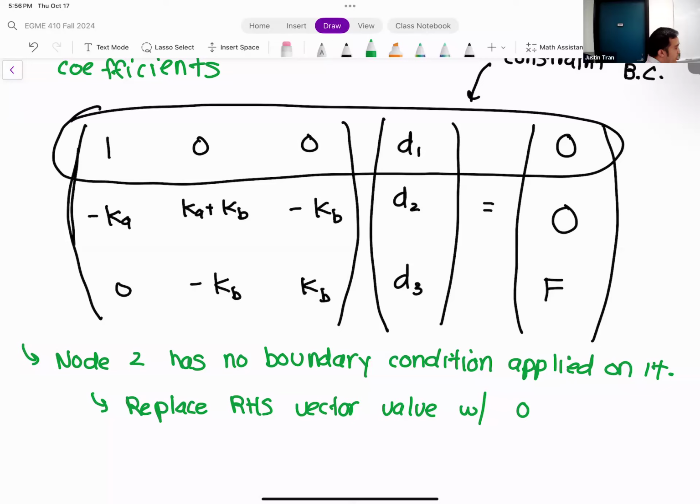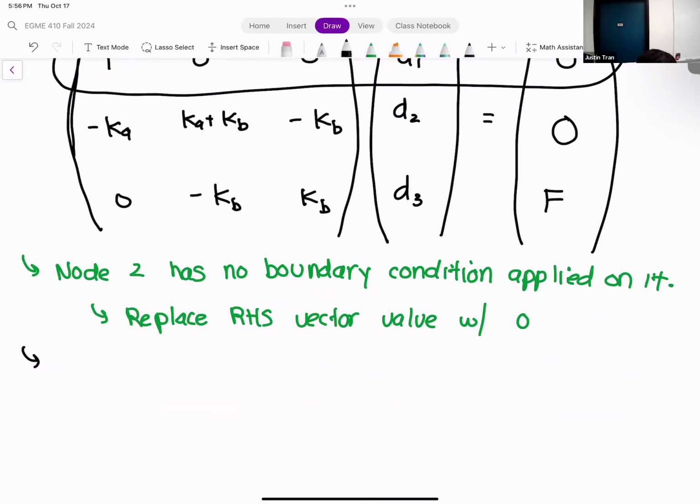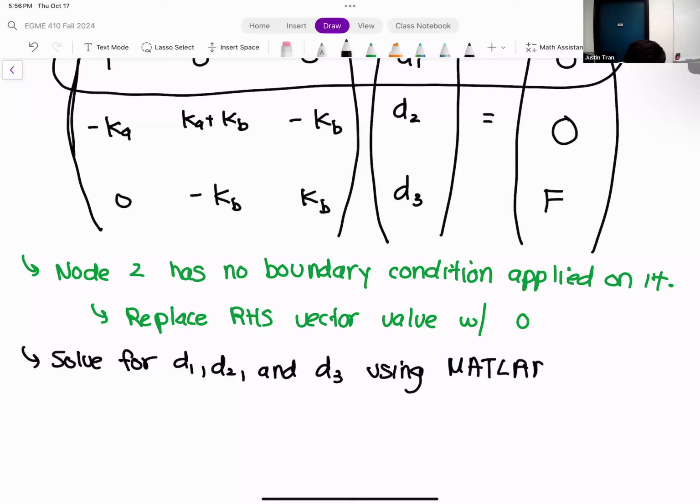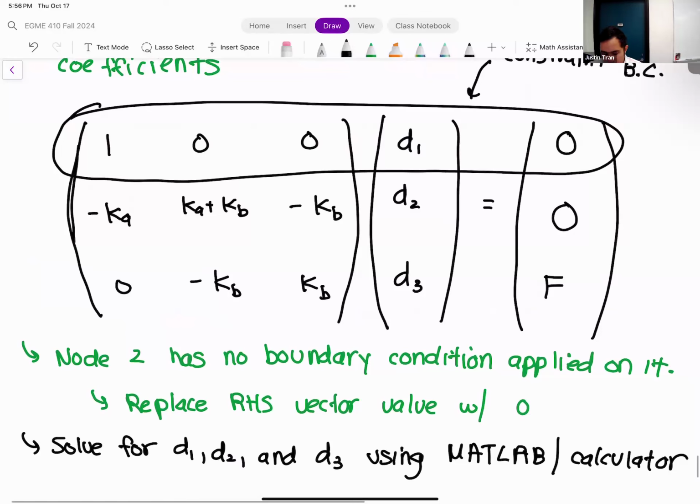So if you're comfortable using your calculator to solve these problems, then by all means you can do that too. Any questions on this process before we do an example?